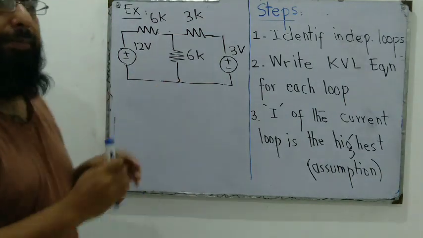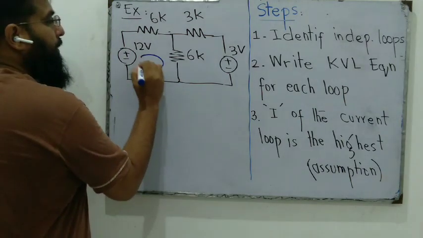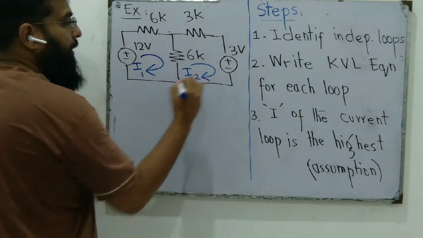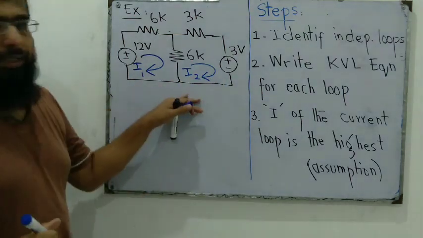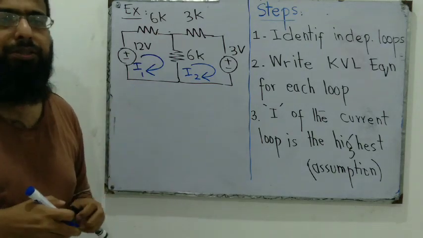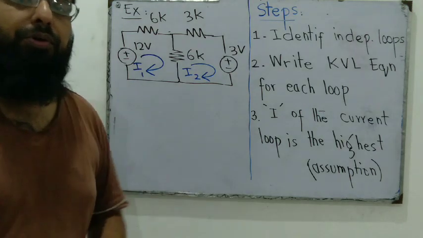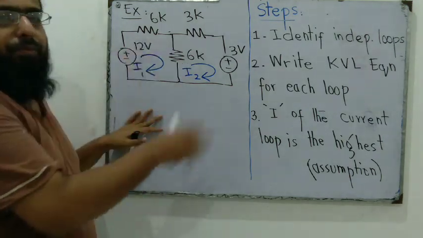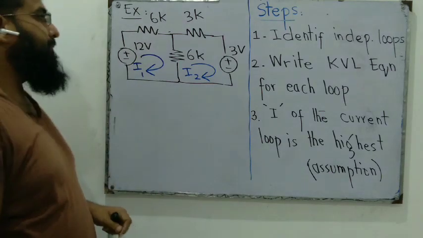Since there are two independent loops, we'll assume two currents and call them I1 and I2. By the way, we can assume any direction, either clockwise or anti-clockwise, because right now we don't know their actual direction. So for simplicity, we assume both currents to be clockwise.